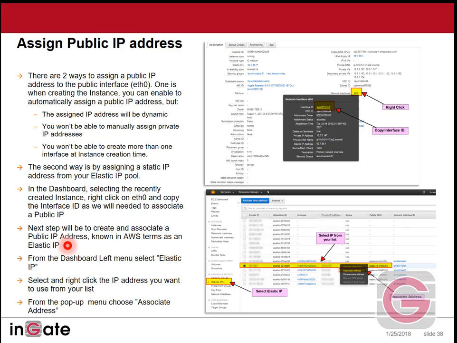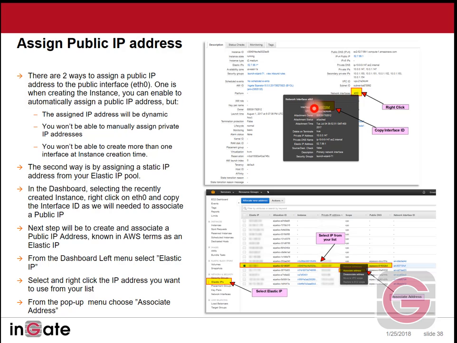The process to assign the public IP address to the instance is, first of all, to identify on the interface Ethernet 0 what the interface ID associated to that interface is, because we are going to use this in the Elastic IP section to associate the public IP address to the network interface.